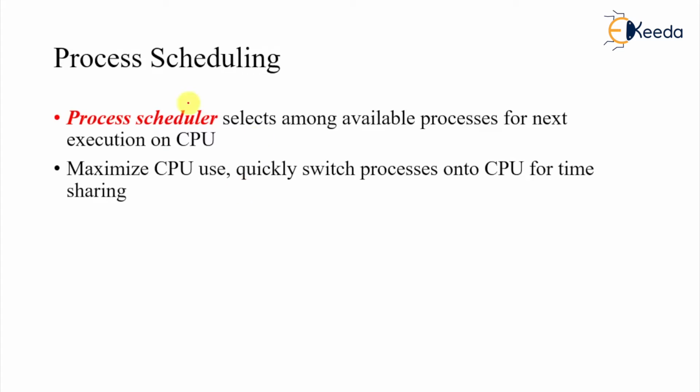So, process scheduling: a process scheduler selects among the available processes for the next execution on the CPU. That is the idea, which process is going to execute next. That is a decision, and that decision will be taken by the process scheduler.